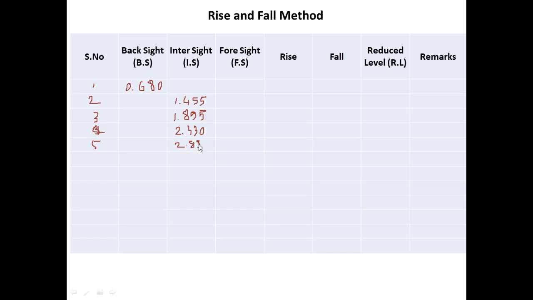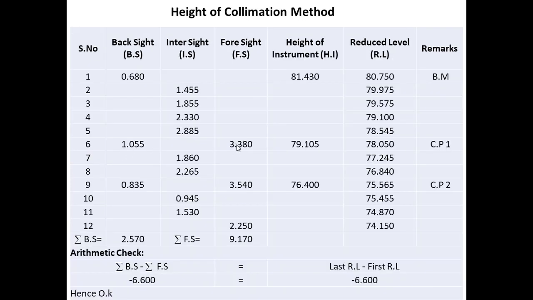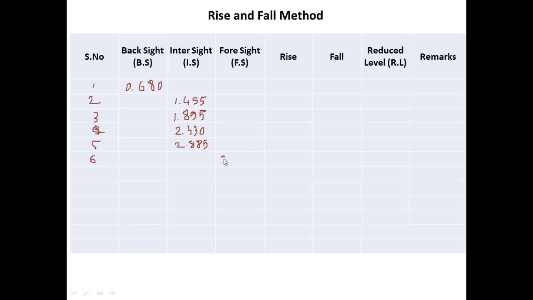Sixth one is the last reading with respect to the first station point, 3.380. That can be written in the foresight column, 3.380.